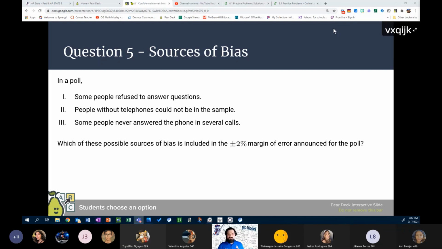It cannot account for errors due to non-response, undercoverage, question bias, and lots of other forms of bias that have to do with how we collect our sample. So if you'd like to change your response, please do so.